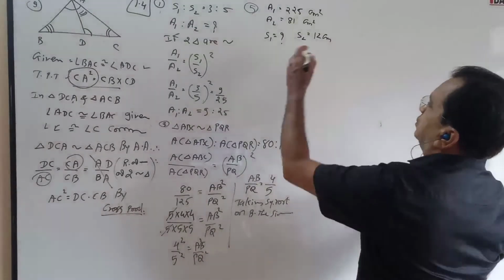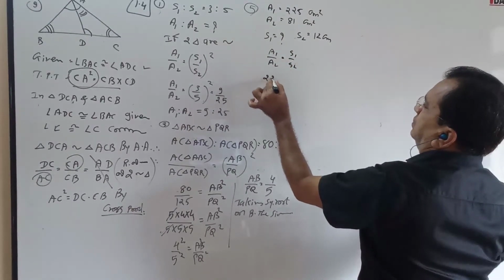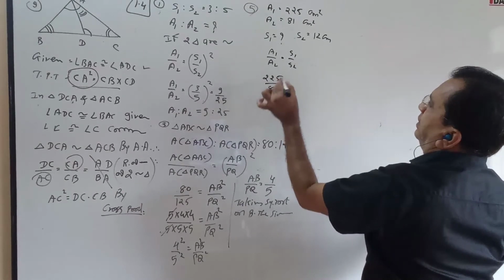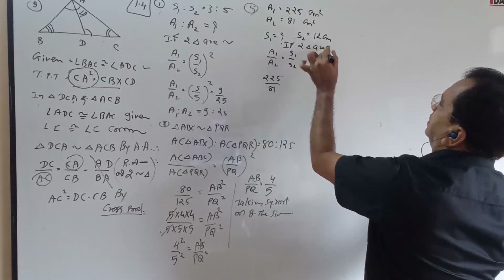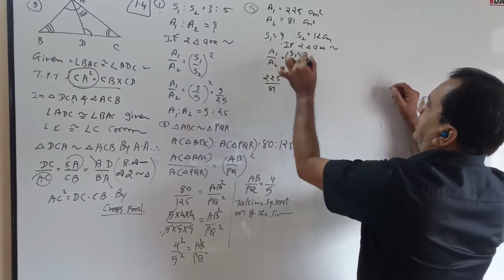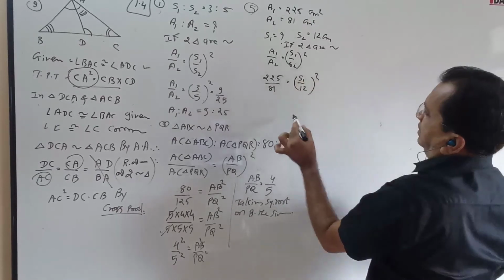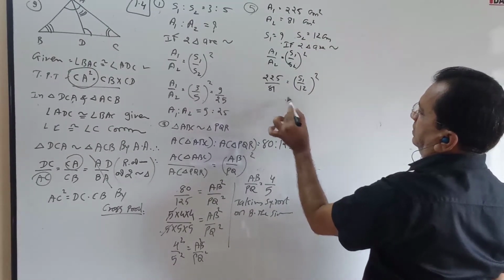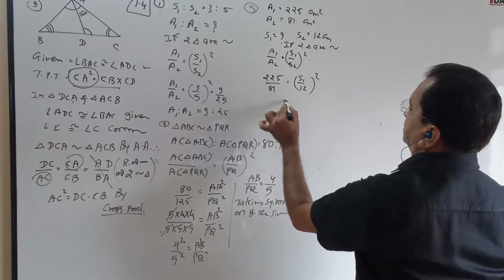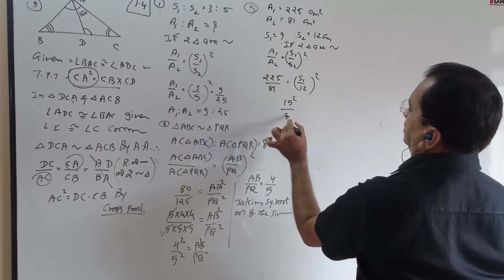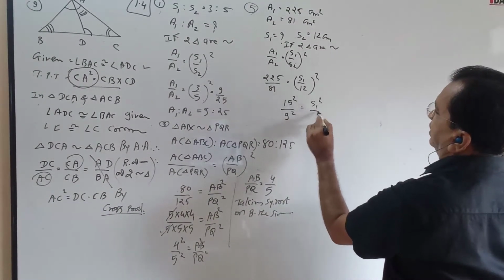Now in the ratio, out of 4 values, 3 are given, the fourth we will find by cross product, correct? So area 1, area 2, side 1, side 2: 225, 81. Here you have to write, if two triangles are similar, 15 square, 9 square is equal to S1 square, 12 square.